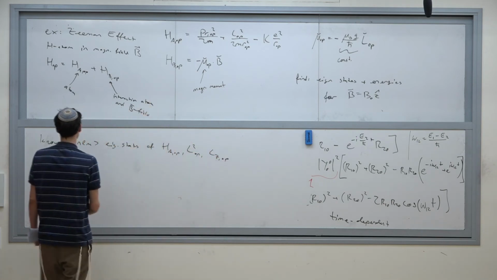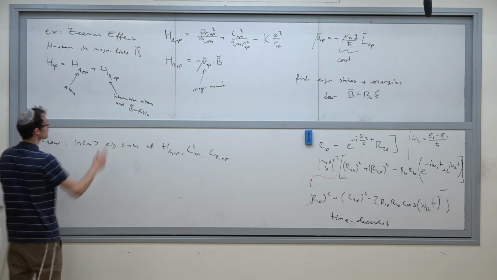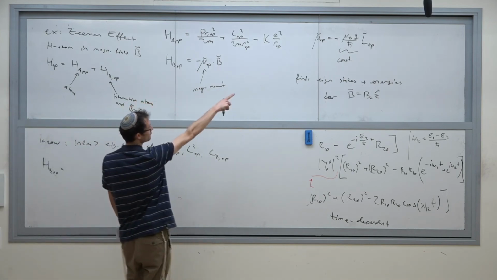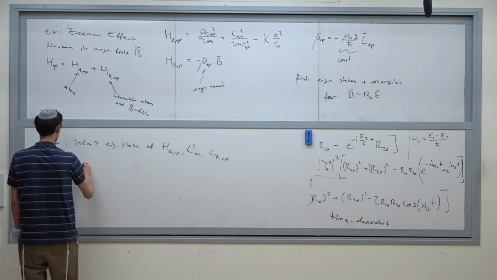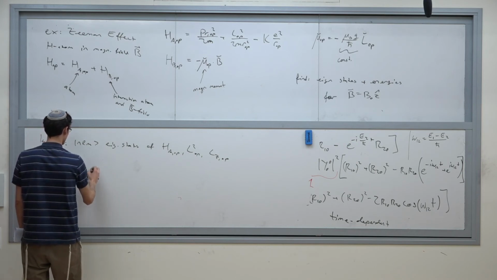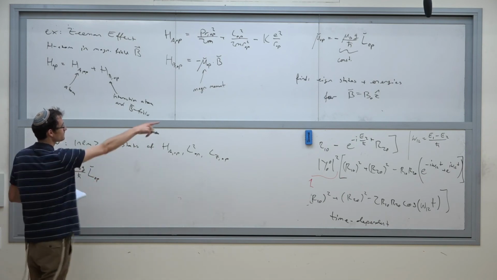Now let's look at the second part of the Hamiltonian. Let's plug in what we know. So it's minus mu, which is a bunch of constants, times the angular momentum operator. And then this is multiplied by B naught Z hat.